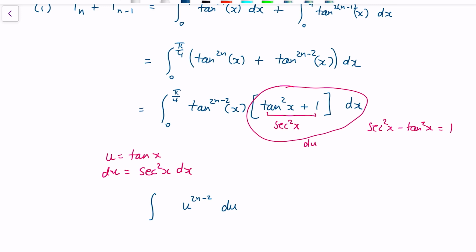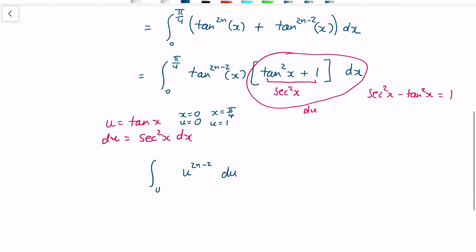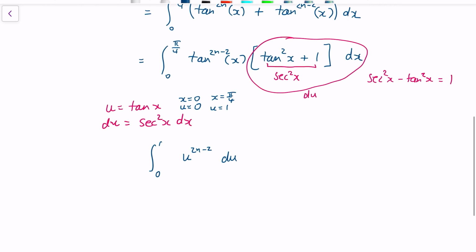When x is 0, u will be equal to tan of 0, which is 0. When x is pi over 4, the u value becomes 1, since tan of pi over 4 is 1. So 0 and 1. And we're just integrating using the power rule now. Add 1 to the power, so 2n minus 1, divided by the new power, between 1 and 0.